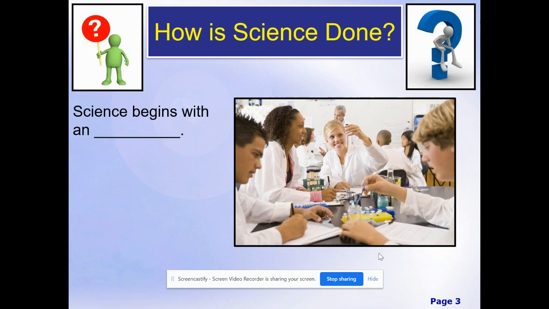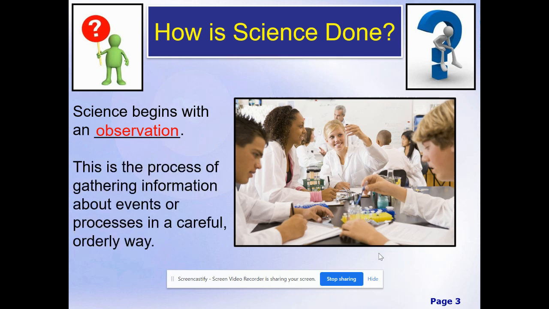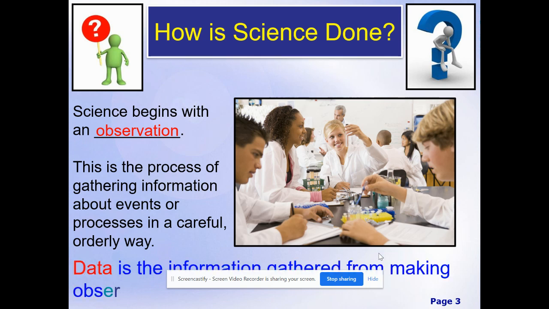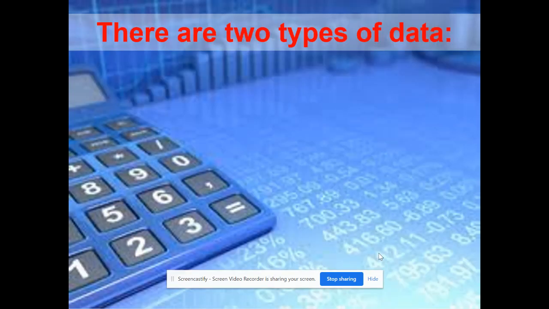So how's science done? Science begins with an observation. Please write that in the blank. This is the process of gathering information about events or processes in a careful, orderly way. Data is the next blank, is the information gathered from making observations.